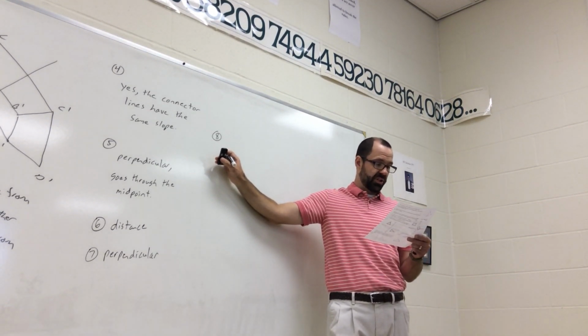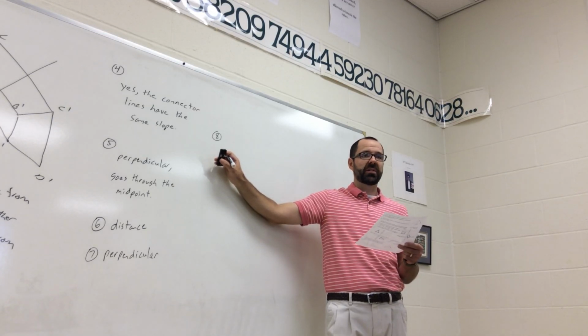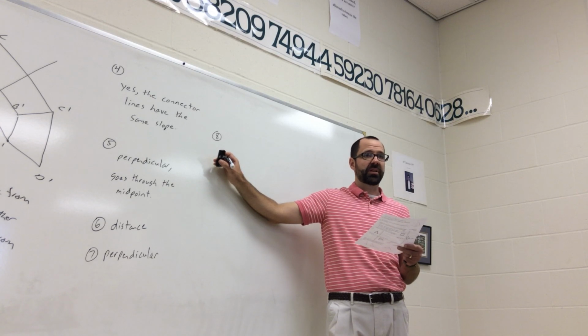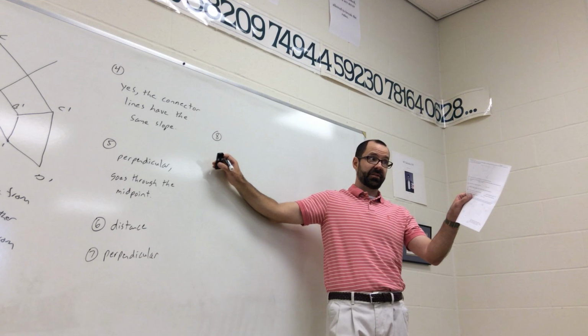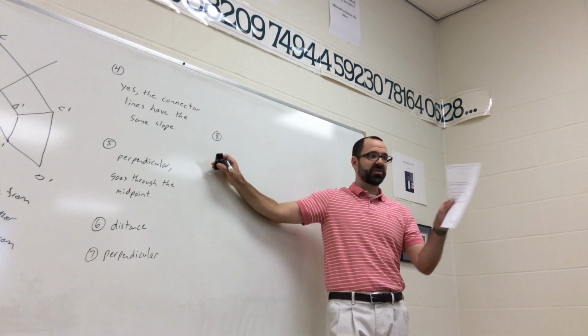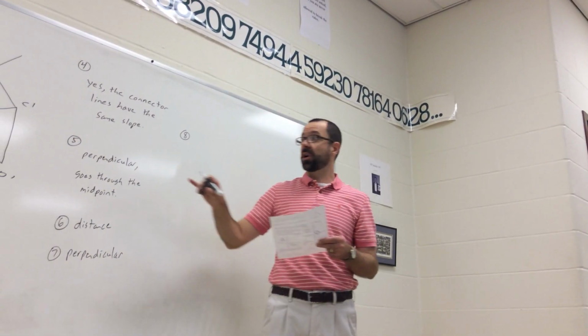And then number 8 says, is a reflection a rigid transformation? You have to remember what that means. That was one of the words from yesterday. Does anybody remember what a rigid transformation is? It's been 24 hours, I know. Isn't it like the same size, same shape? Yeah, good. So a rigid transformation is where the new one is the same size and shape as the old one. So is that going on here?